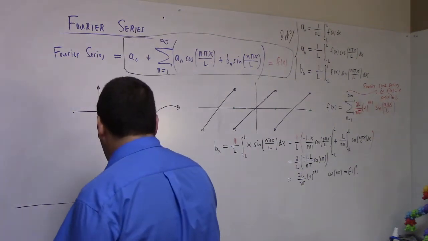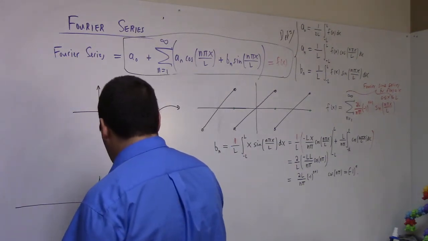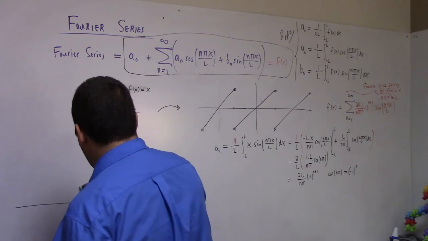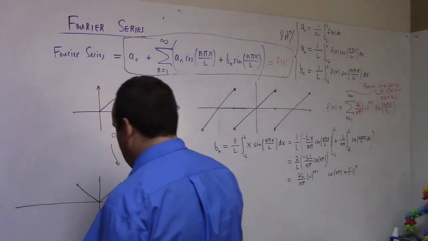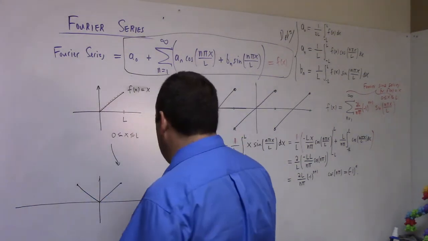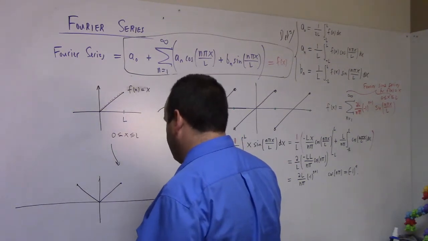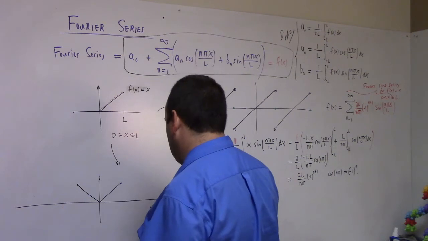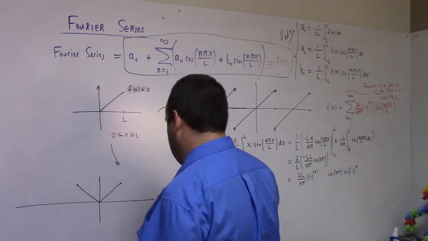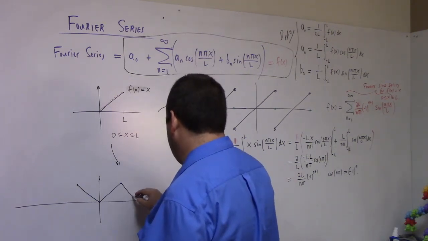so we've got what we're given, and then the even extension looks like this, and then it repeats.